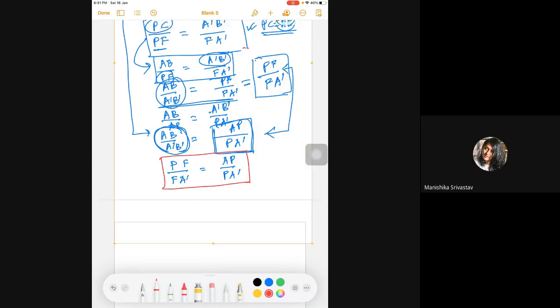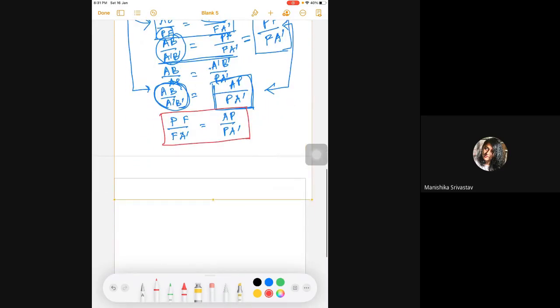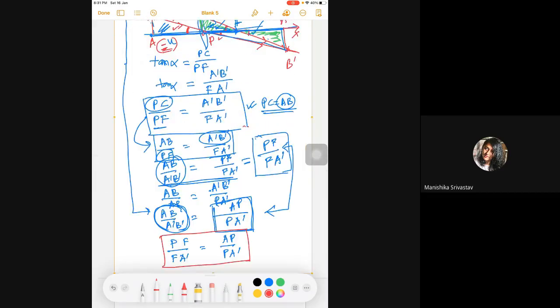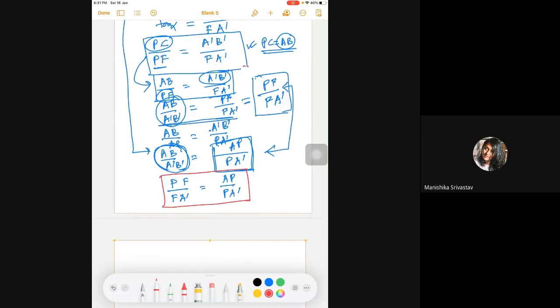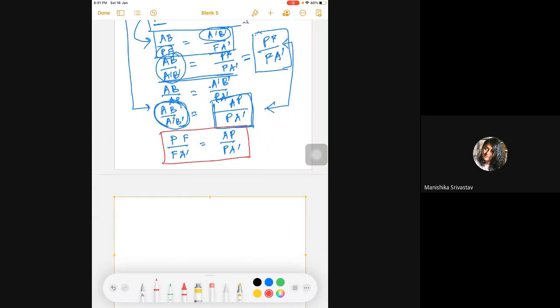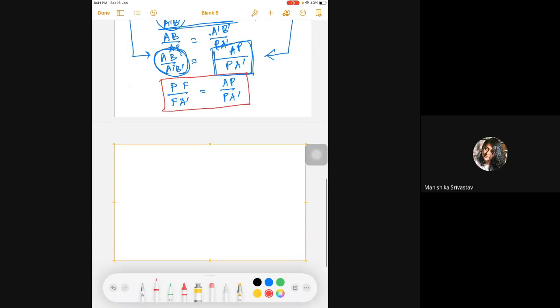If you remember here, PF. Let us draw once again, otherwise you'll get confused. Every time if you draw it, it will be very easy for you.